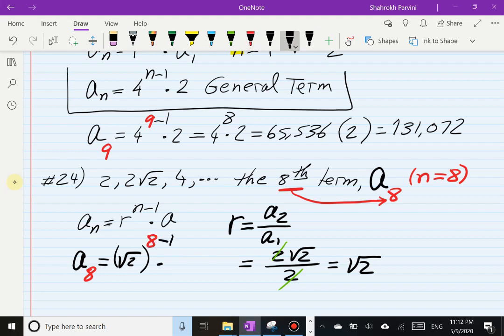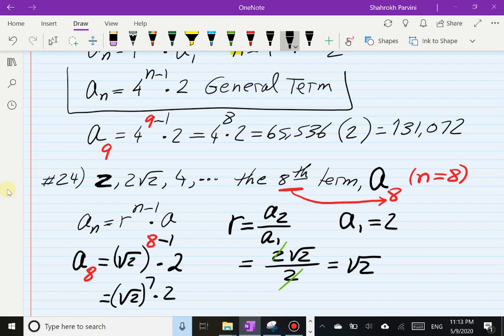Times first term is 2. A1 is 2. There you go. First term right up here in front of number 24. This is 2. So that's what A1 is and goes right in here. Now we need to work the radical here. And let me work this radical for you separately. 8 minus 1 is 7, right? So you have root 2 to 7th power times 2.